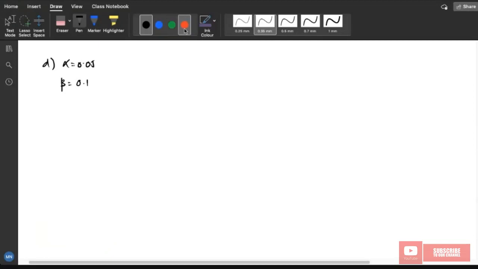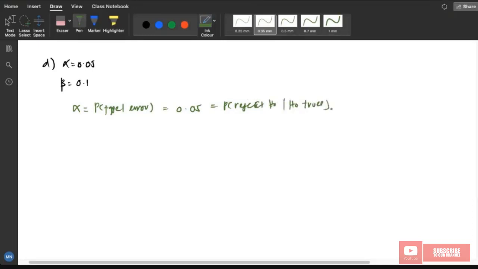So now, let me use the first color, green. Let's say we calculate for alpha first. Alpha is the probability of type 1 error, which is equal to 0.05, right? Which is also equal to the probability of rejecting the null hypothesis when the null hypothesis is true, right?